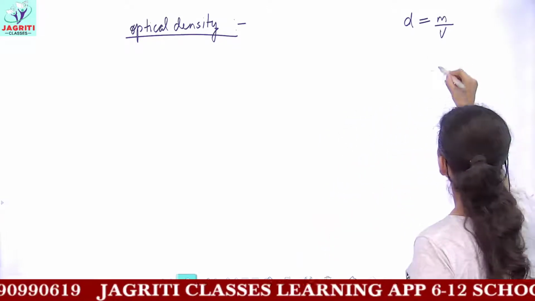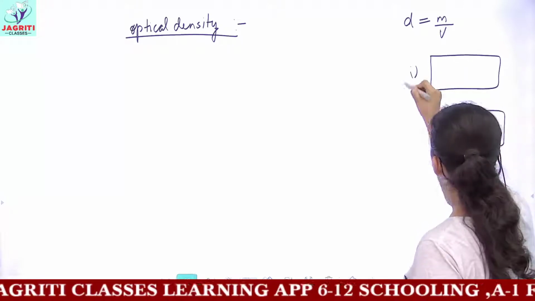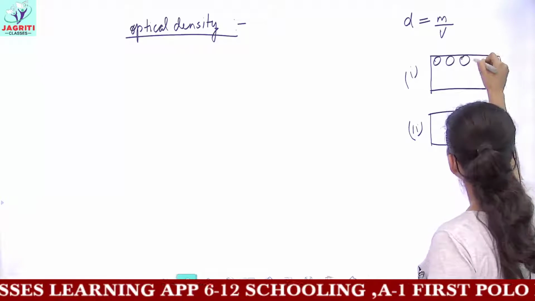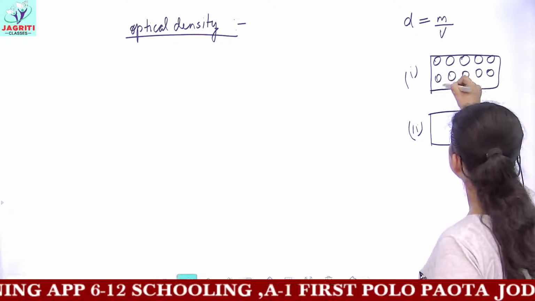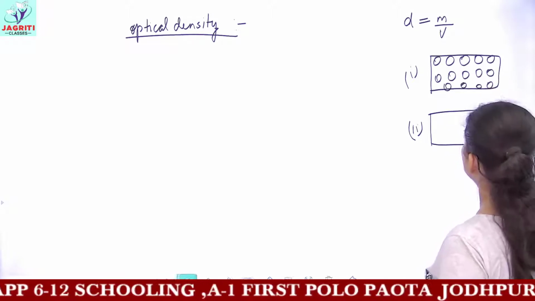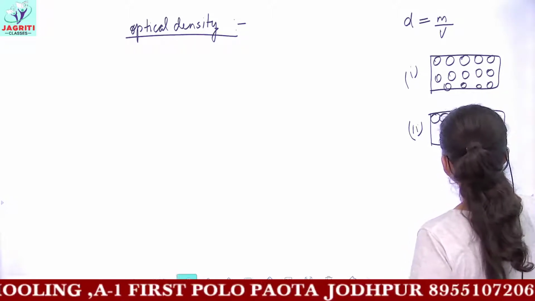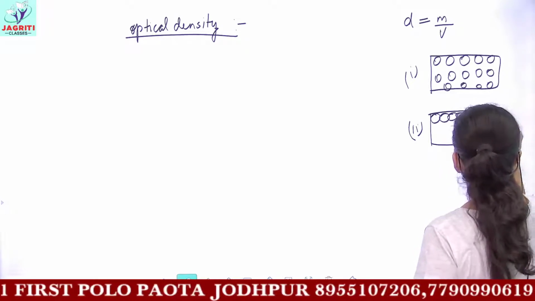And let's suppose I have two cases. This is case first, this is case second. In case first, the particles are present at some particular finite distance from each other, while in case second, the particles are present very close to each other such that the space between them is very less.